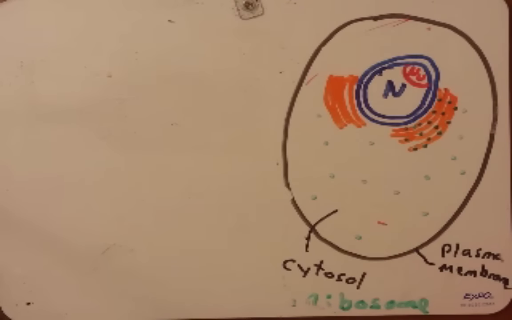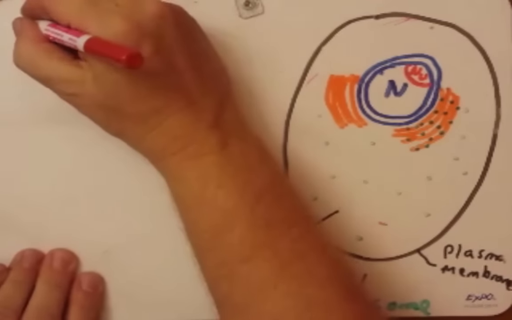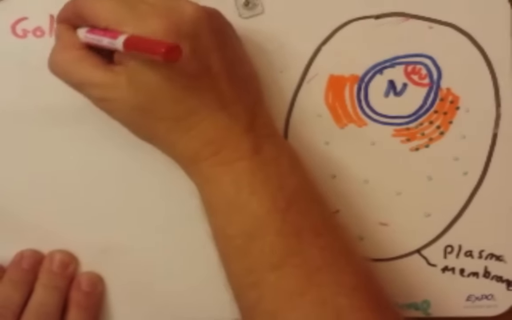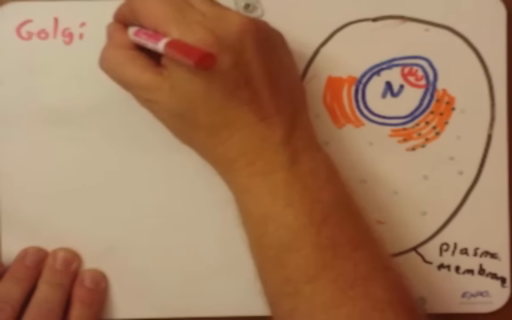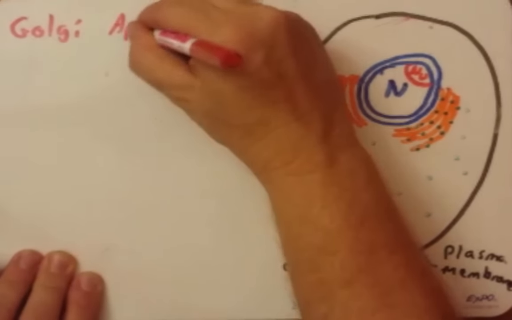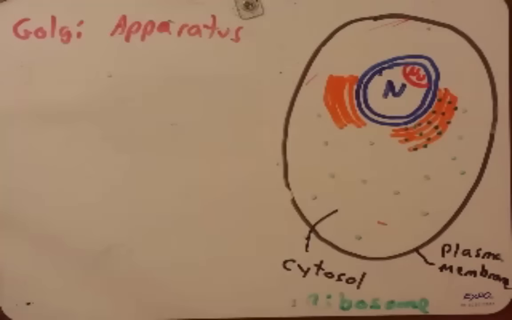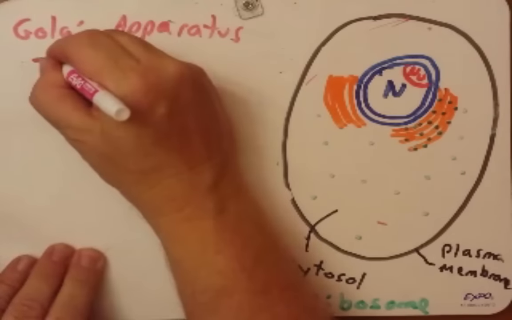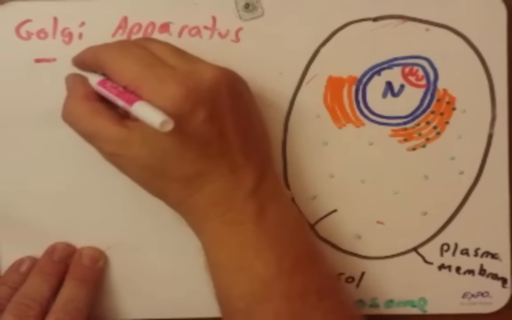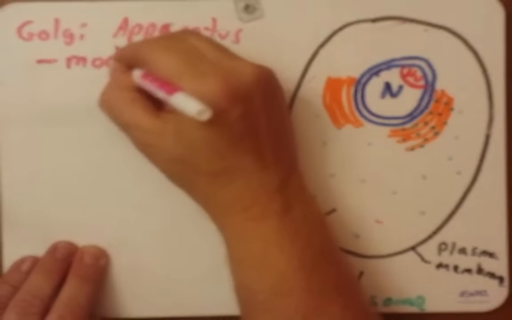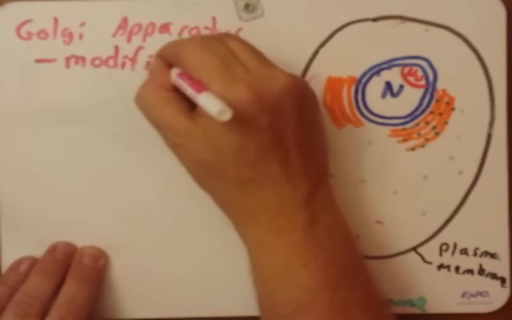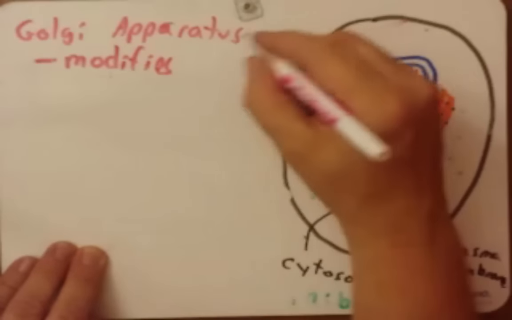All right, the next thing I want to talk about is the Golgi Apparatus. The Golgi Apparatus is very important in modifying proteins. So it modifies proteins.